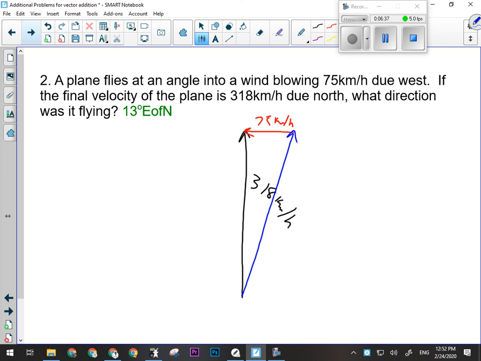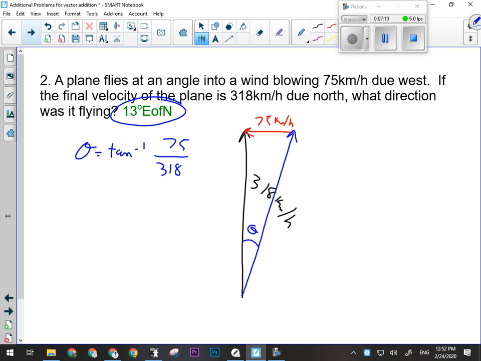All you have to do is figure out what direction the plane is flying. You don't even need the blue line because you have this line and the black line. It's just a trigonometry calculation. We have the opposite side over the adjacent side, so theta equals tan to the minus 1 of 75 over 318, which gives us 13 degrees east of north.